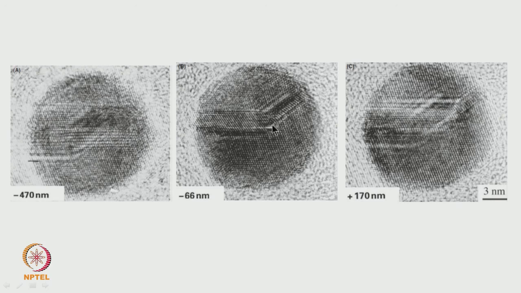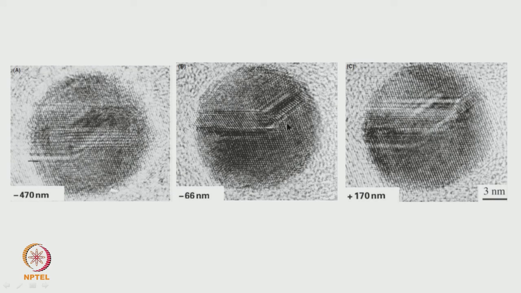That can be used to find out the atomic structure of the sample which is giving rise to this sort of images. That is what is essentially important when we want to interpret the high resolution images. How these sorts of simulations have to be done, we will discuss in the next class.